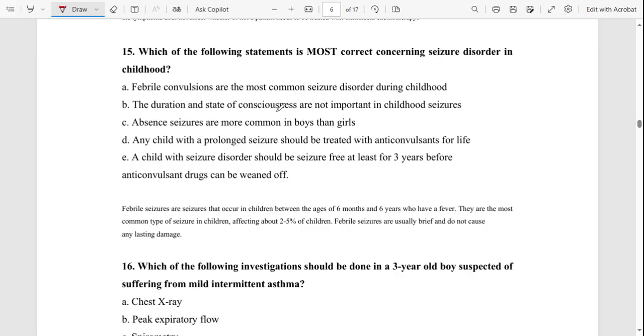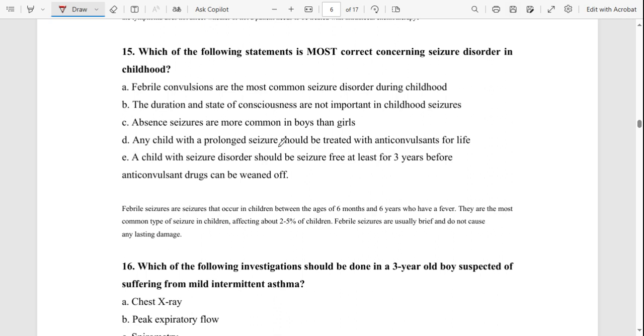B, saying the duration and state of consciousness are not important. This is important. Absence seizures are more common in boys than in girls. That statement is not correct. Absence seizures are actually more common in girls than in boys.